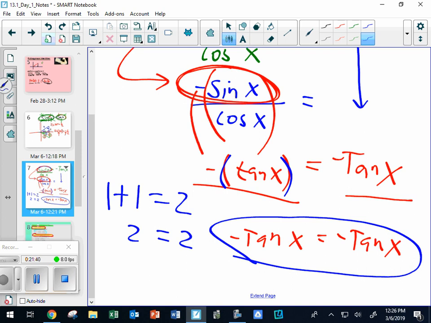Yes? Oh, this is sine of the x, and this is cosine of the x. And so I get what you're saying, but they're like a part of each other. They're not like 2 times x. If it was like this, then you could cancel the x's, right? But this is not a times. The sine of that x could be like 30 degrees.